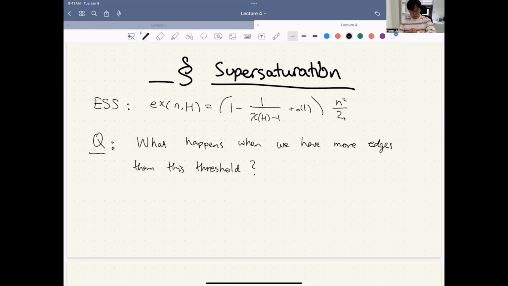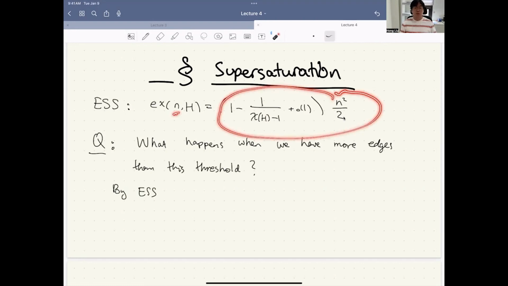Okay. Well, the simple answer is that by ESS, if your n-vertex graph has more than this number of edges, then we have at least one copy of H by definition, right?